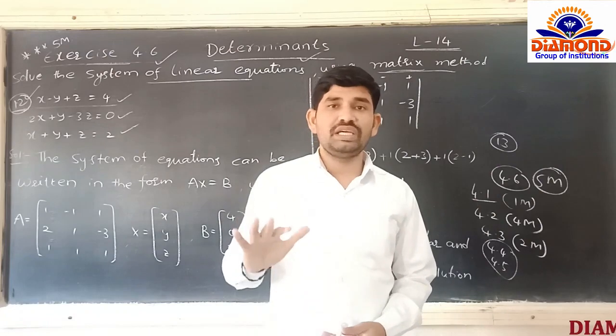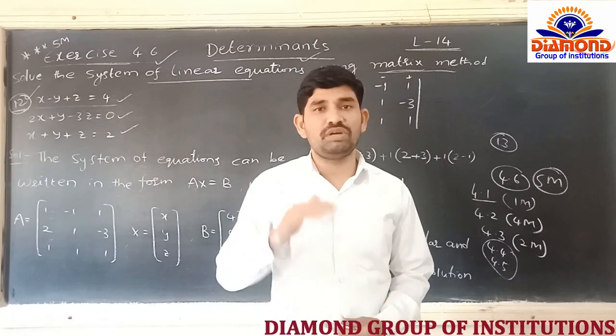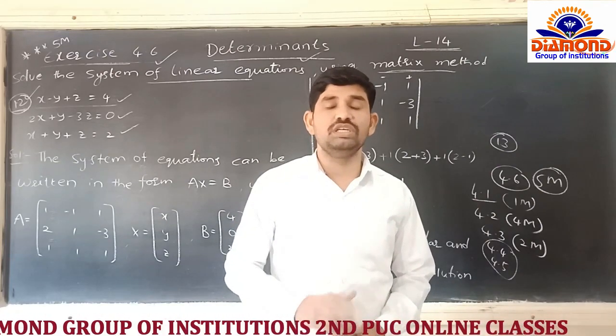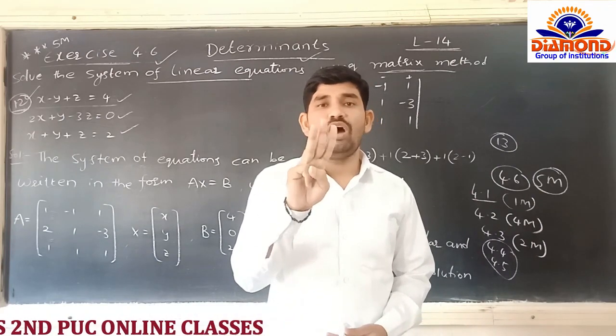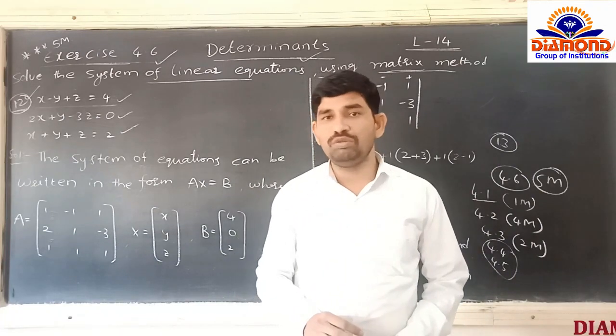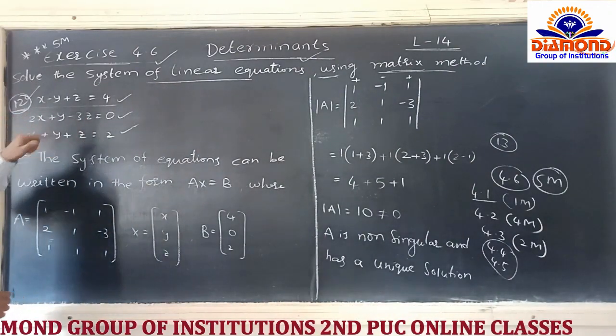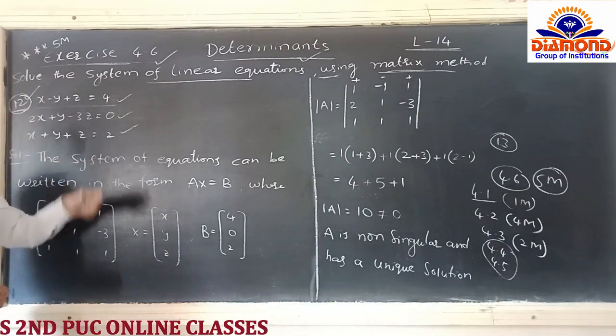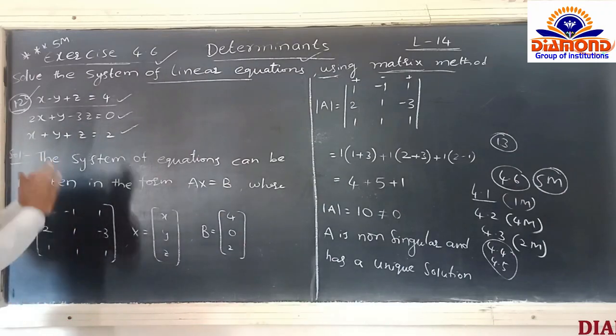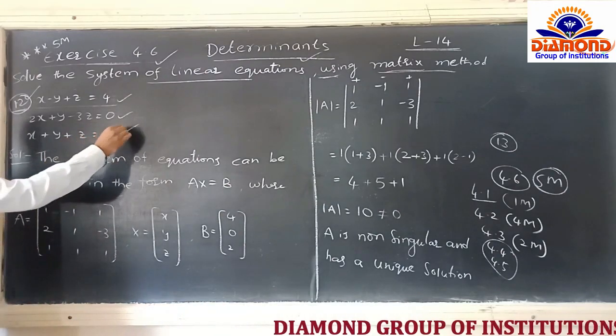In case he gives 3 equations, there will definitely be 3 variables. So here, 3 equations means 3 variables are present. Now we can solve this system of equations.